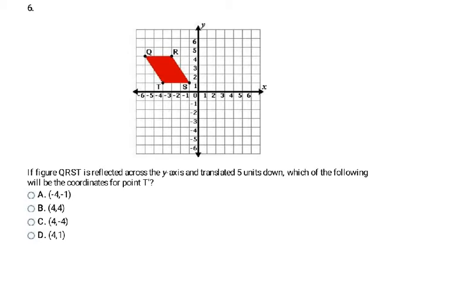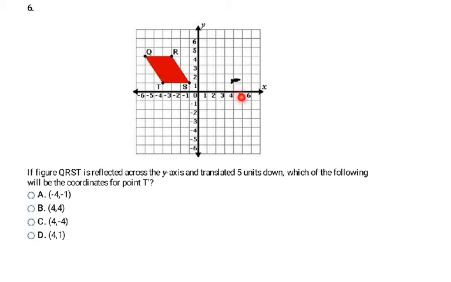So one way to do that is it's a reflection. So the T here is 4 units away from the y-axis. So that means the new T is going to be 4 units away from the y-axis in the other direction. So right there. But not only is it reflected, it's also translated 5 units down.